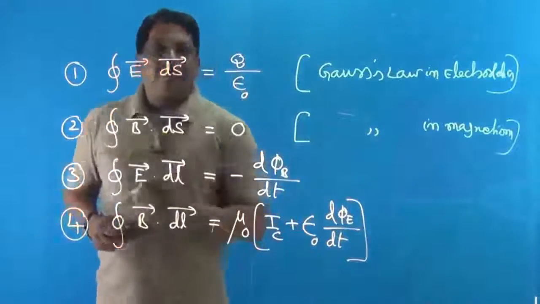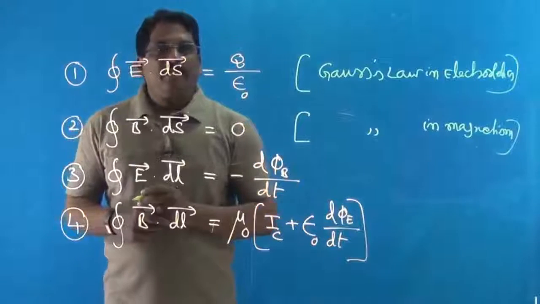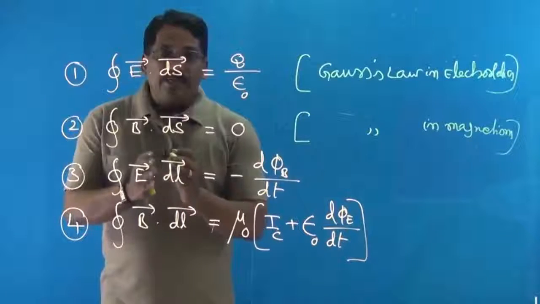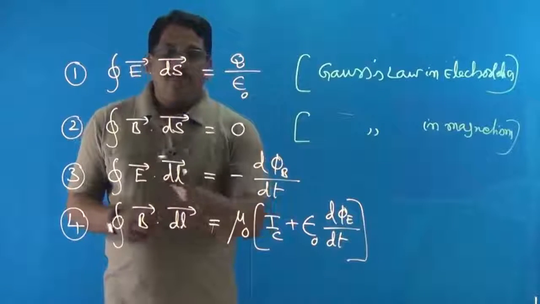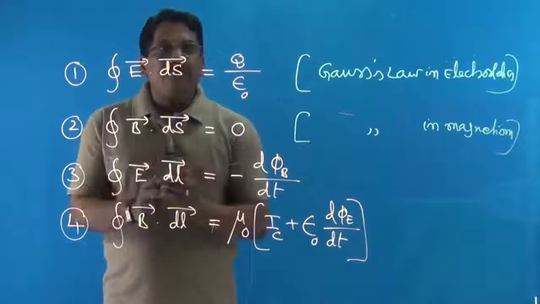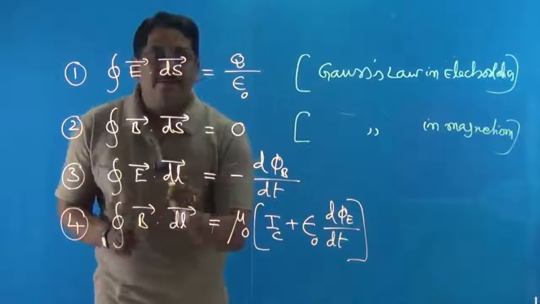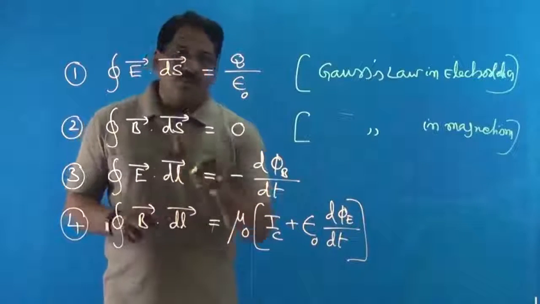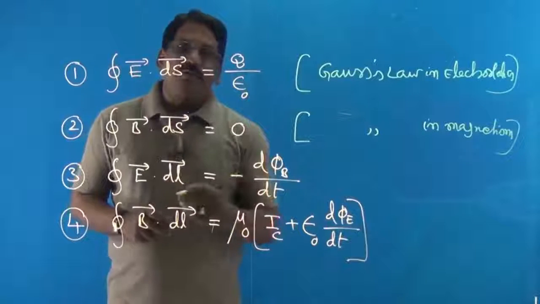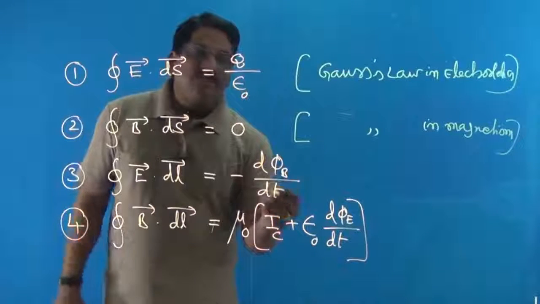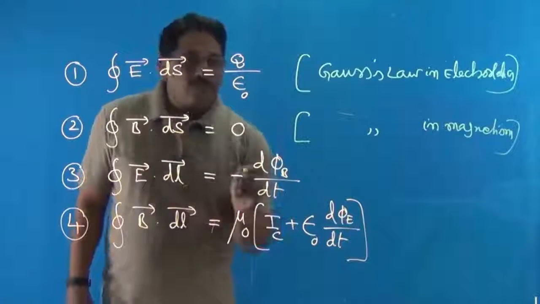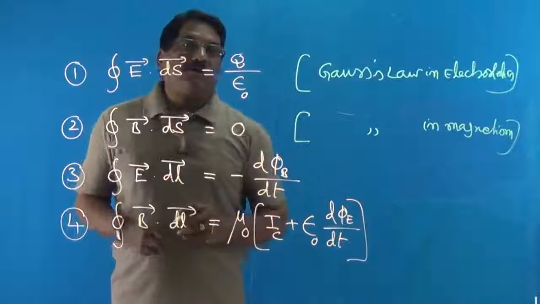Coming to the third equation, the line integral of the electric field over a closed path is the EMF induced in a closed circuit, and it is equal to the time rate of change of magnetic flux through that circuit. Of course, the negative sign is in accordance with Lenz's law.